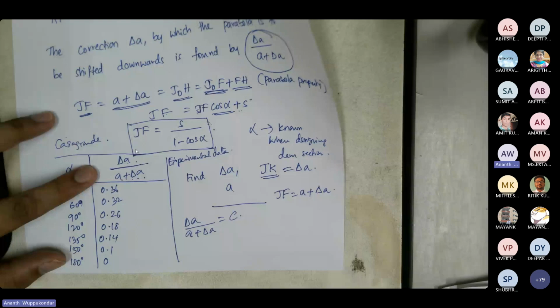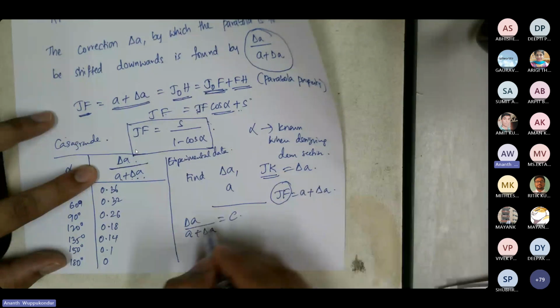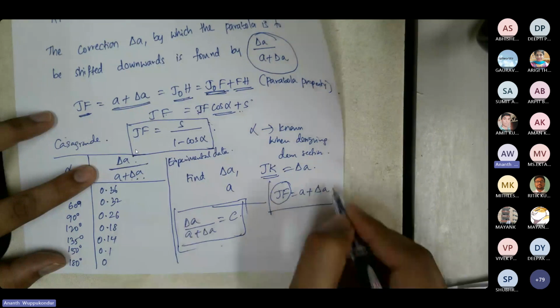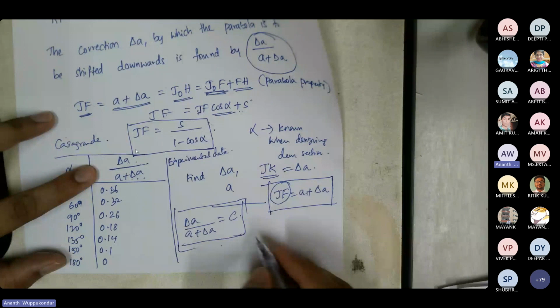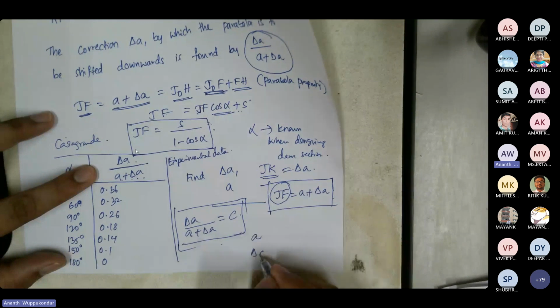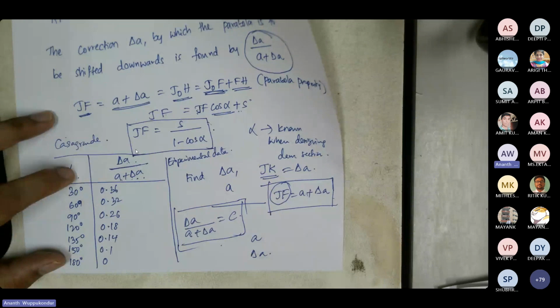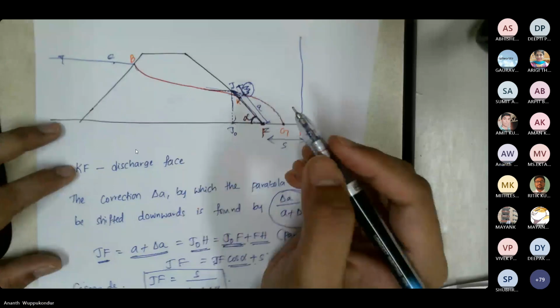We have calculated JF earlier, and now we have another equation based on alpha. So you have these two equations, and the two unknowns are A plus delta A. If you solve for this, then you can calculate what is A and what is delta A. So this is how you identify the seepage line where it exits the downstream face.